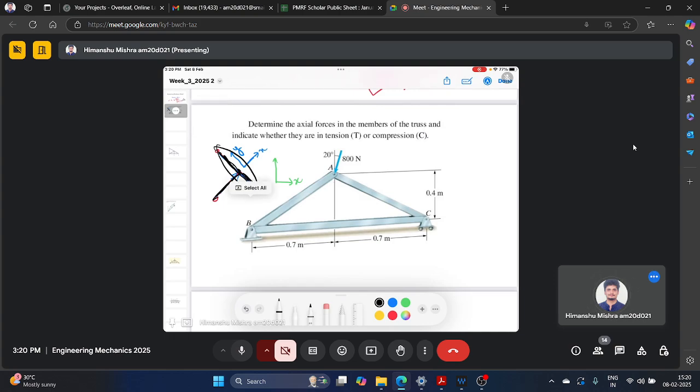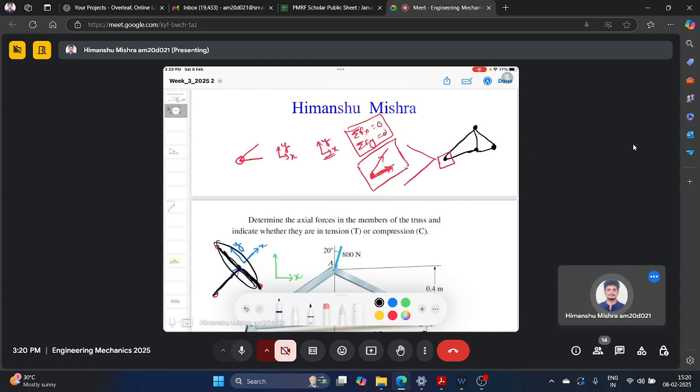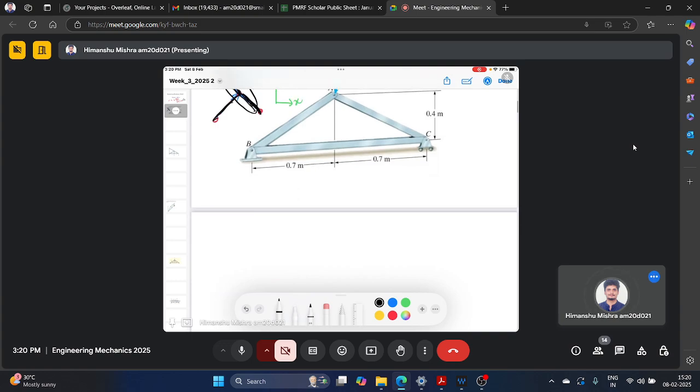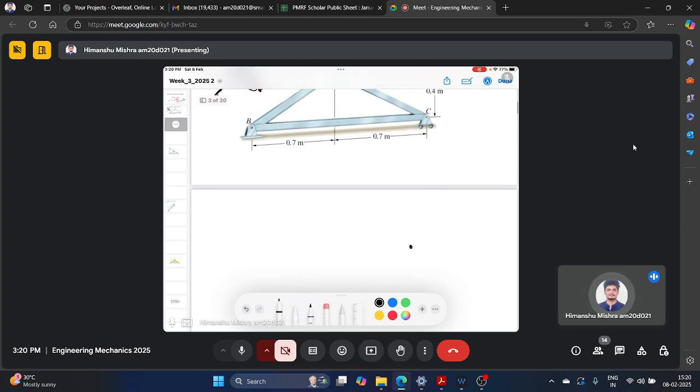One more extra thing that you need to consider while solving the truss problem is to see whether the truss is determinate or indeterminate. For example, let's say you have members here, and sometimes what happens, if all of this truss is in equilibrium, you will have some extra members which are fitted here, and you can actually check whether it contains extra members or not.